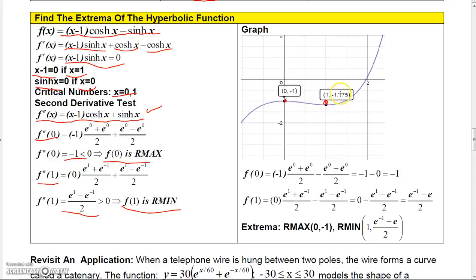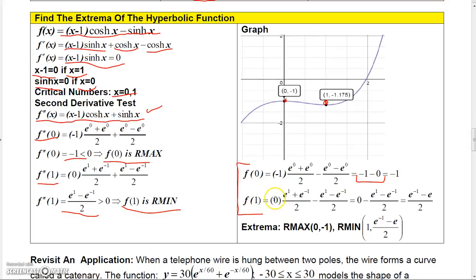And of course you get the y values by plugging them back into the function up here. Down here it shows you how you actually can get the y values, because I went back to the exponential form to figure it out. So you can put these hyperbolics back in exponential form and then let x be 0, and then do the same thing, letting x equal 1.